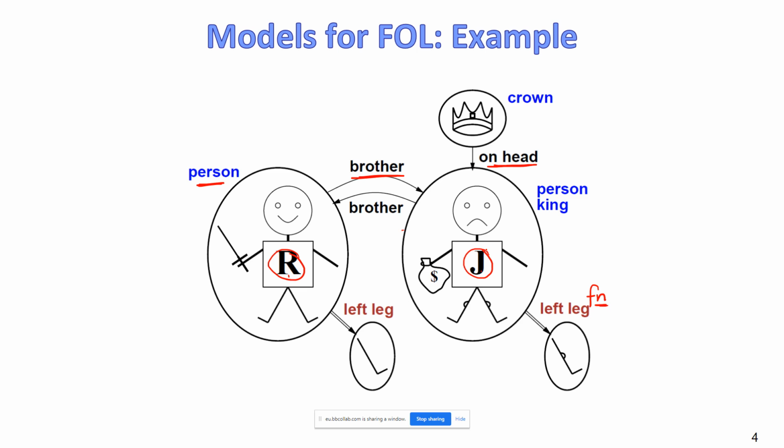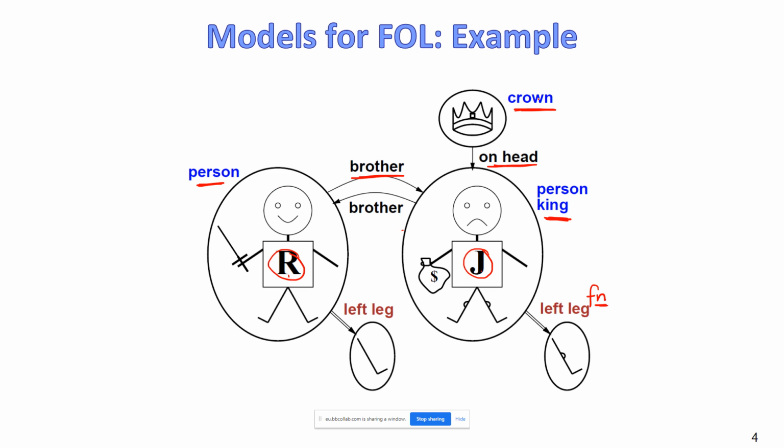King is another relation, which will be true for John but false for Richard. And what else? How about crown? That's very similar to person, Muhammad.